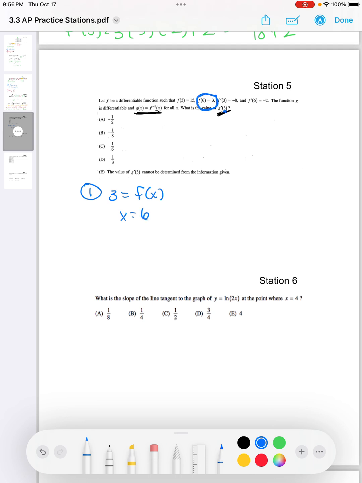So my x value is 6. Then we're going to find the derivative at 6. The f prime of 6 is going to be negative 2. And then always our last step is to flip. So negative 1/2. The answer should be A.